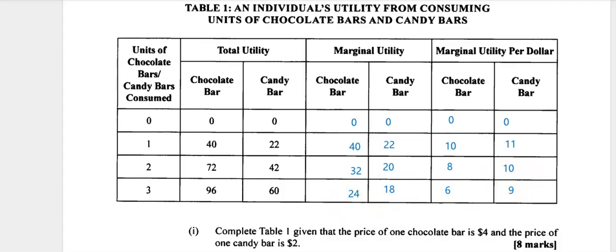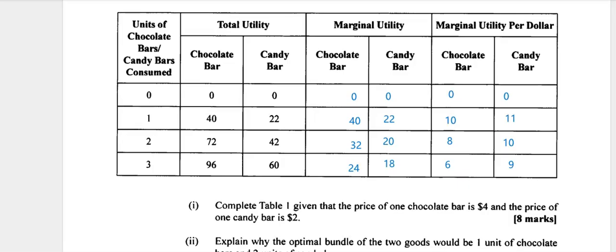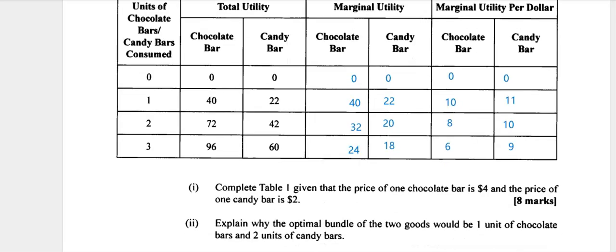So let's go to the second part of the question, which says, explain why the optimal bundle of the two goods would be 1 unit of chocolate bars and 2 units of candy bars. Now this should be easy because we already answered this question, theoretically speaking. Right?